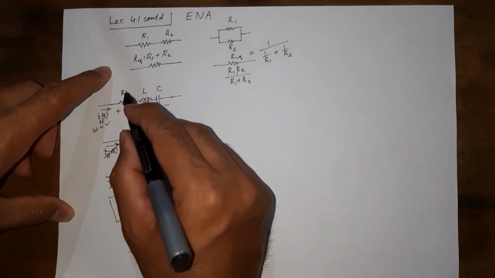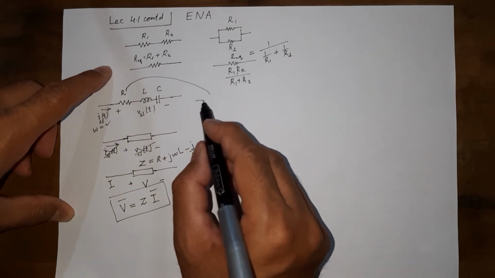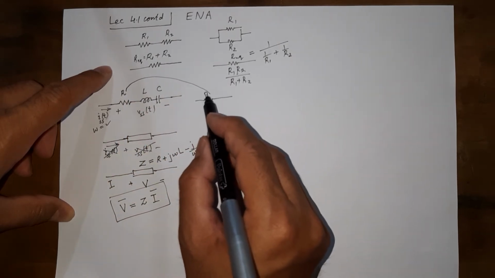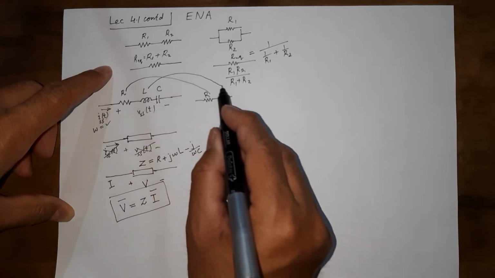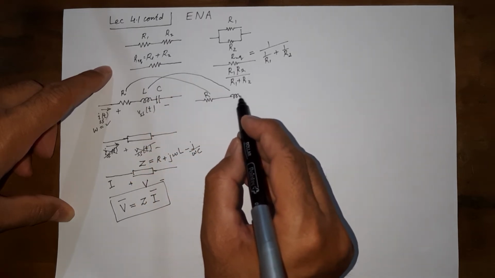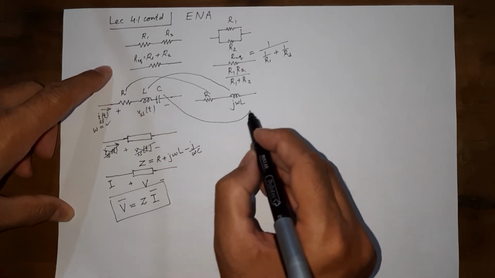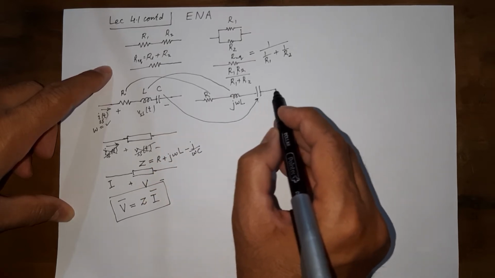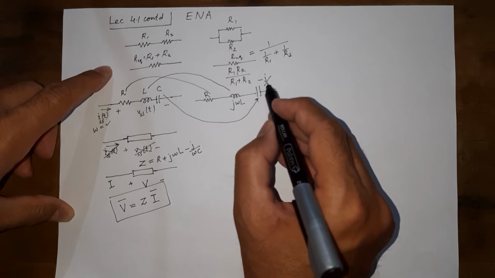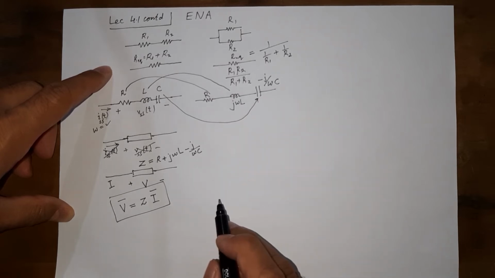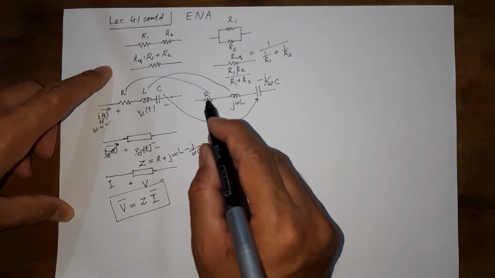Why? Because an R gets converted to an R, an L gets converted to jωL, and a C gets converted to minus j over ωC. So all these can now be added together. Why?